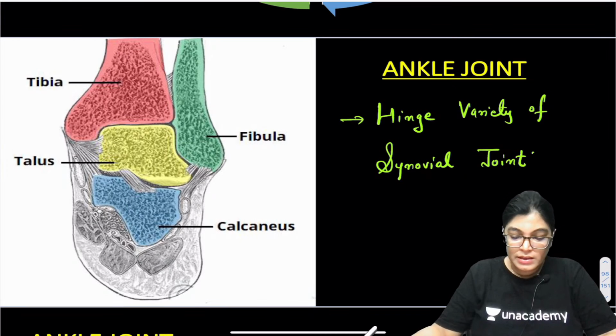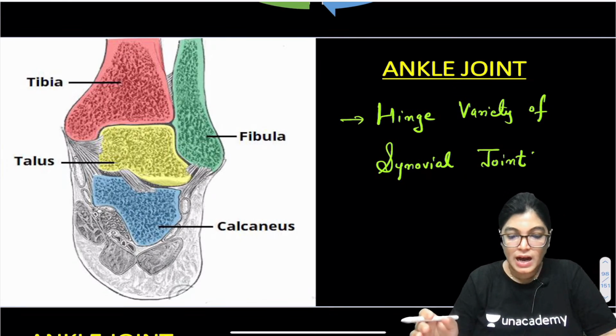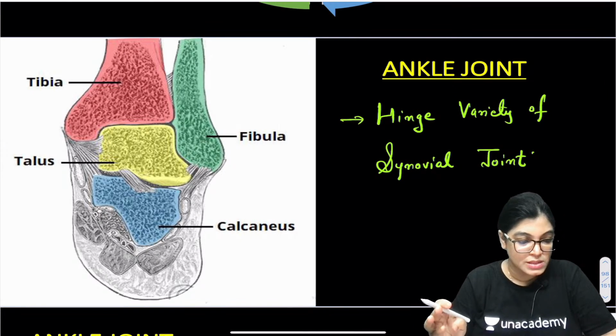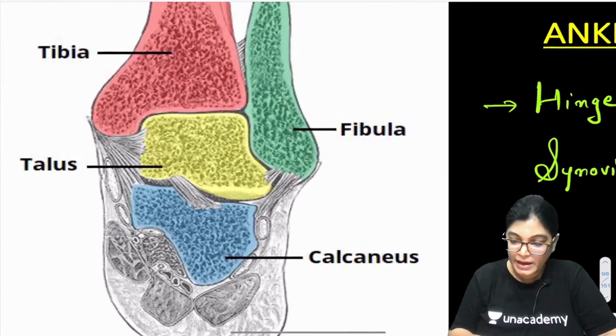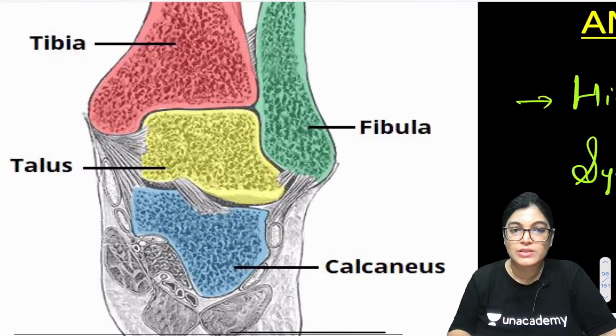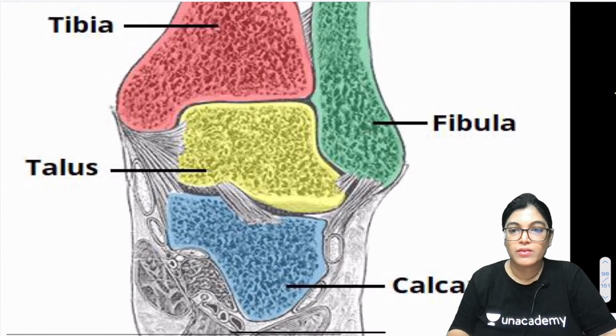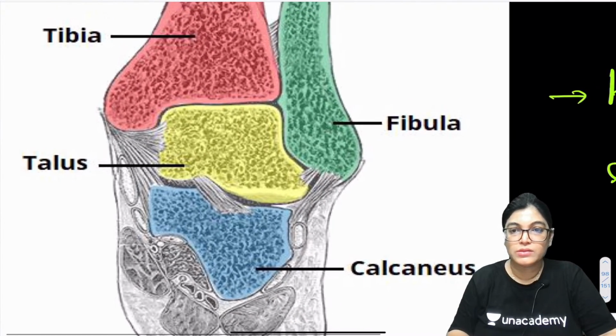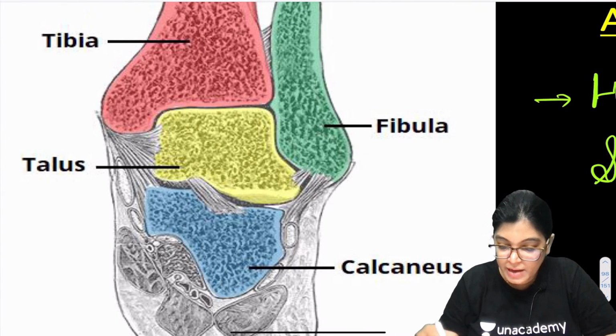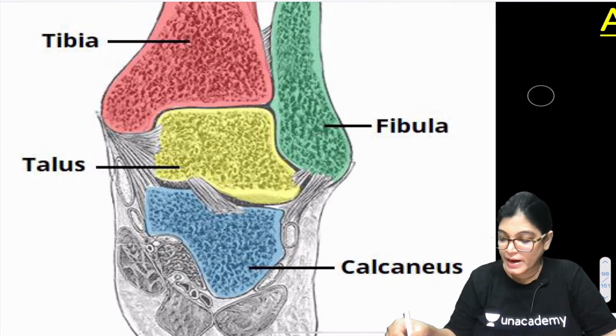Now I first want to explain the articular surface, so I am slightly enlarging this diagram. We have already seen it is a hinge variety of synovial joint.